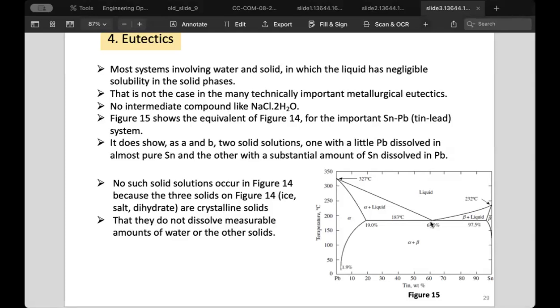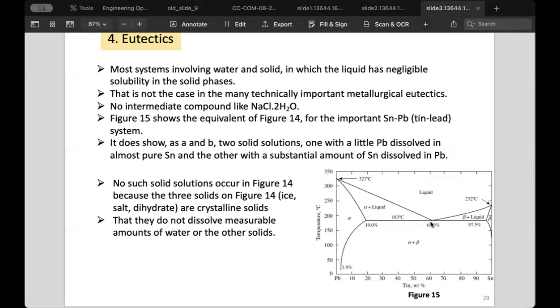And this one we use for solder, used for electronics. We use alloy. We don't use pure metal. Why do we need alloy to make solder? And most of the time we use the eutectic composition. Why? You know solder wire, right? The primitive way: you use solder wire and you heat it to make it melt.